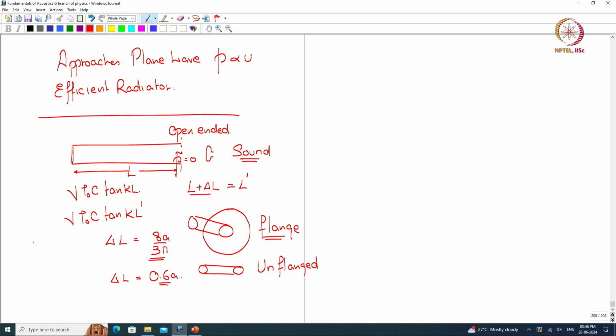That means in this case you have to look for tan of KL plus 8A by 3 pi K equal to n pi for resonances. Okay. K into L plus delta L. Similarly here also. Okay. I will close the lecture here.